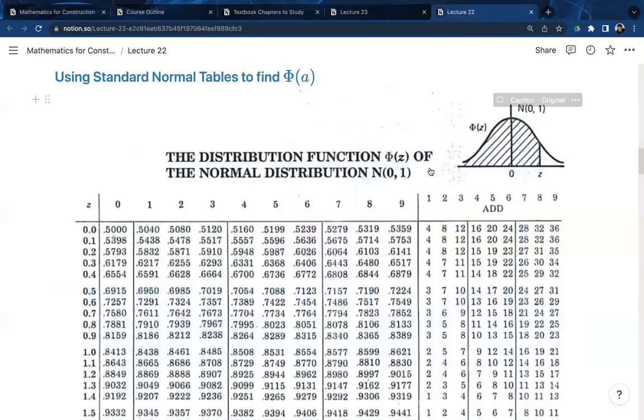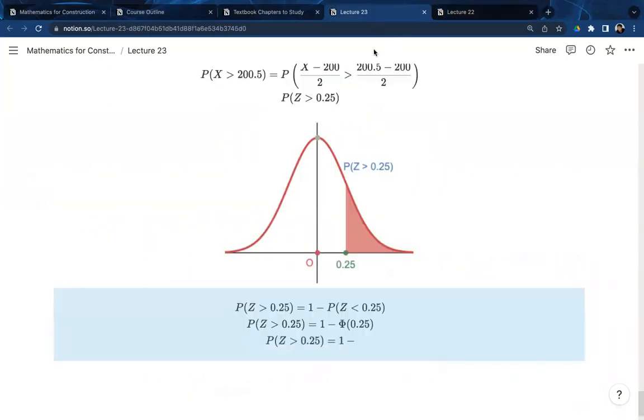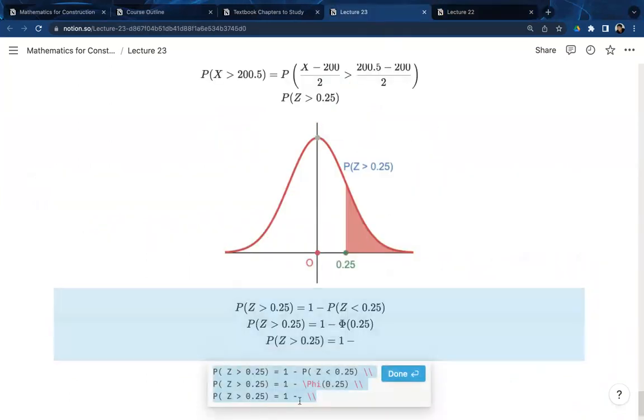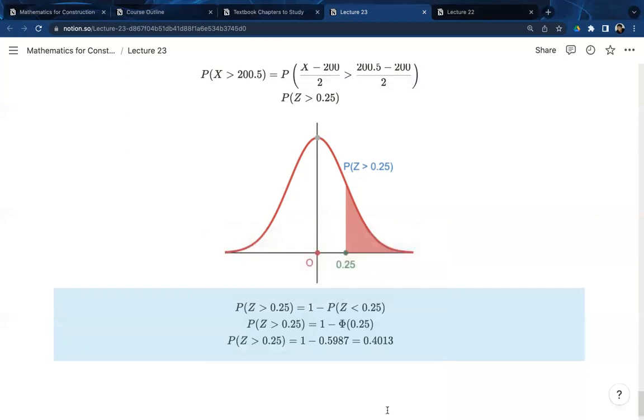You go in the table and you go to 0.25, that's 0.5987. And subtract them, you get 0.4013.